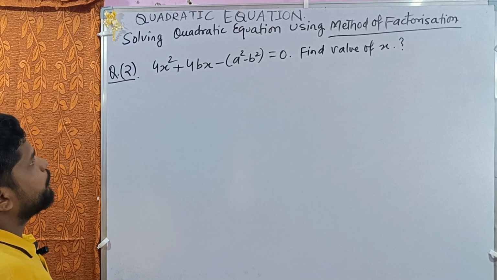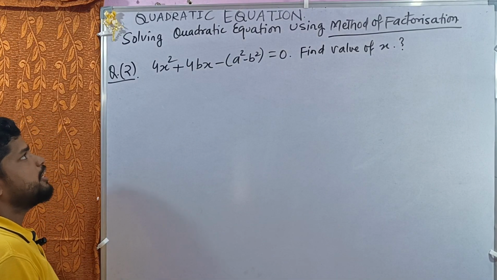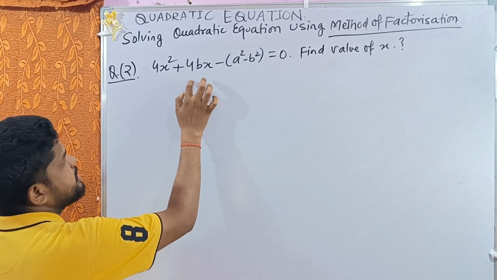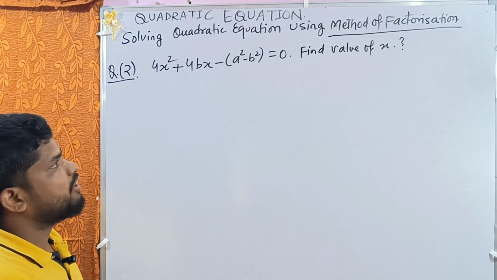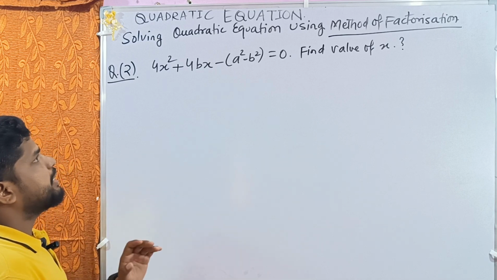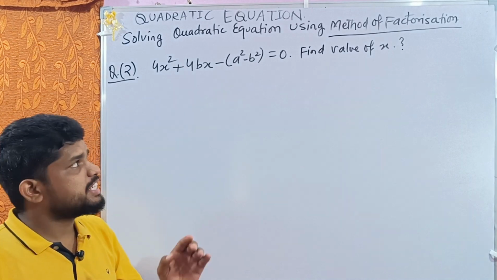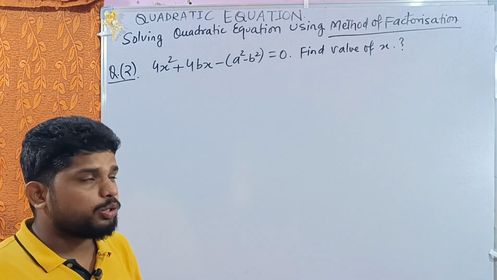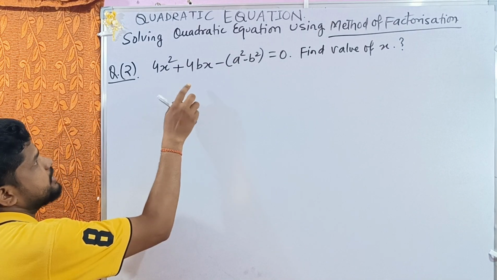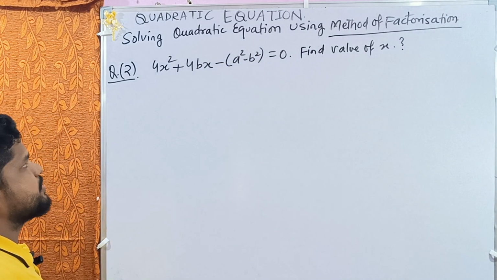As you can see, it is very hard to express this given quadratic equation as the product of linear factors by using the splitting the middle term method. So we will solve this question by using some algebraic identities. Let us open this expression and try to solve.